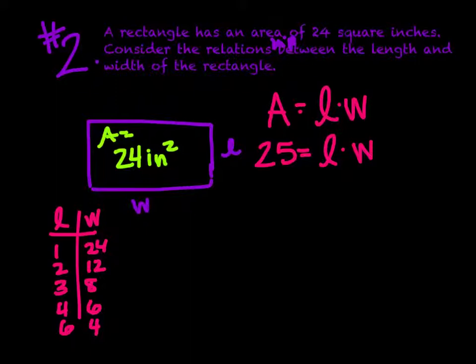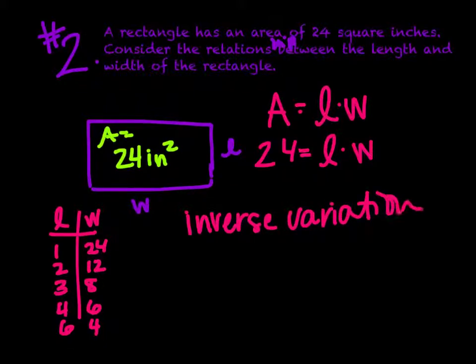If one of them gives a little bit, the other one has to take it up to make, oops, I wrote 25 over here. The other one has to take a little bit to make sure it stays balanced. So this is a prime example of an inverse variation.